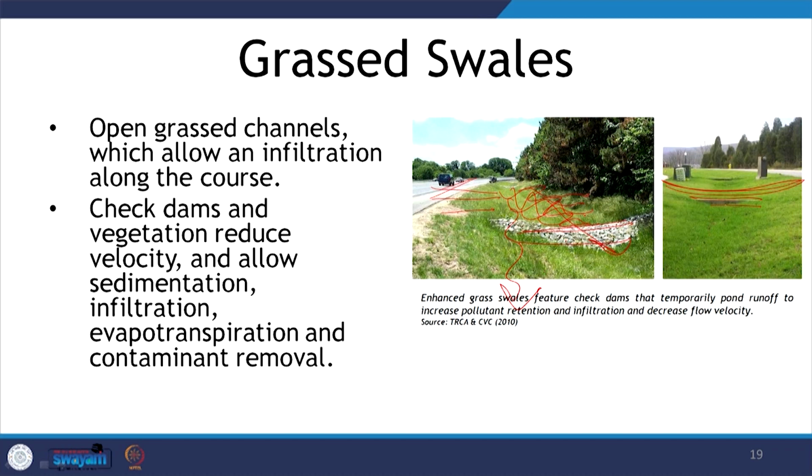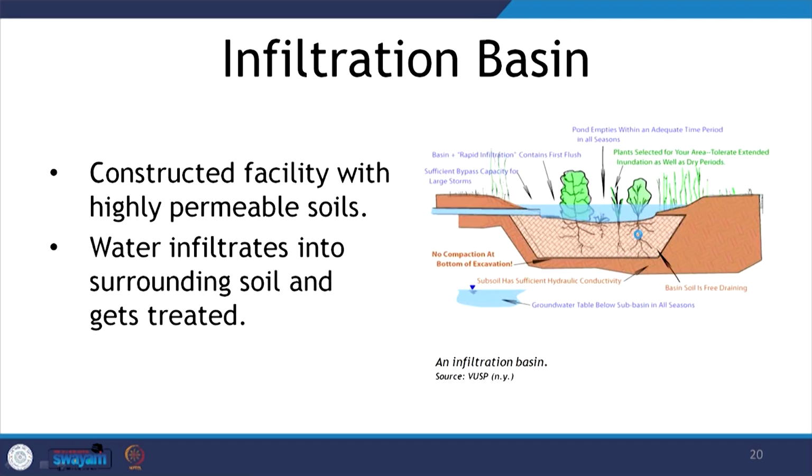And even when it is flowing through the swale to the drain, when the excess water comes, most of the pollutants will be held here with the help of these barriers, these berms. A bigger version of an infiltration trench is an infiltration basin, where instead of a channel we have a larger basin, but more or less a similar concept, where we have very loosely packed substrata and it allows water to percolate down.